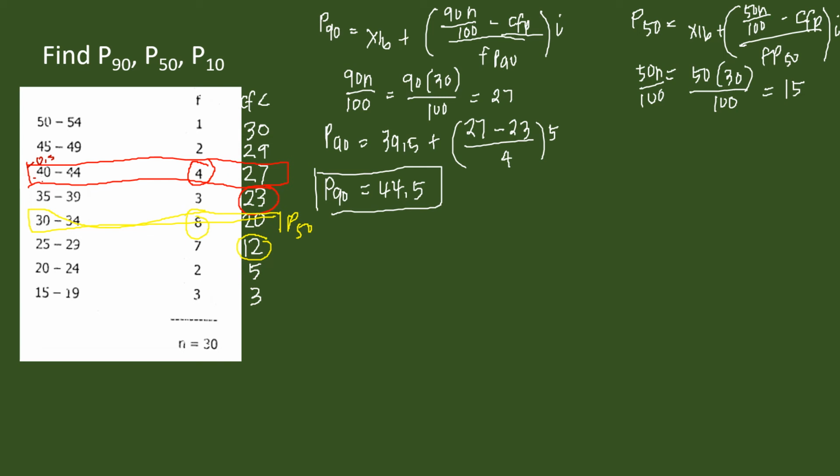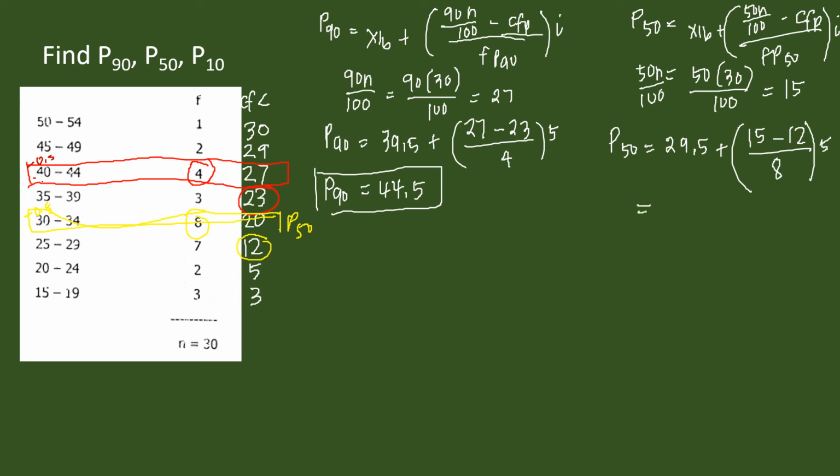Of course, you get the lower boundary by subtracting 0.5 from 30. So we will have P50 is equal to 30 minus 0.5 is 29.5 plus 15 minus 12, which is the CFP, divided by 8 times 5.